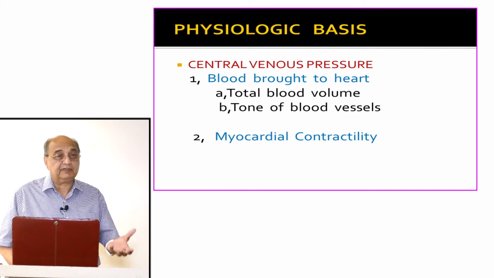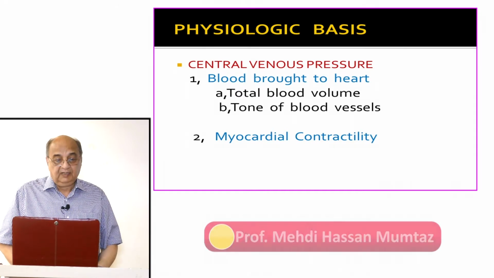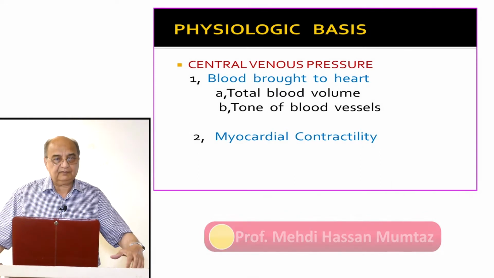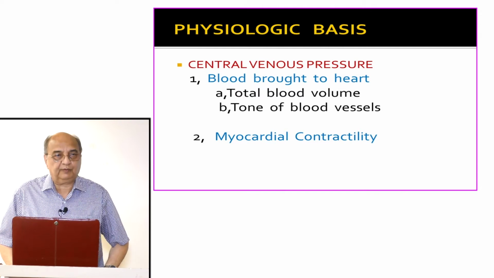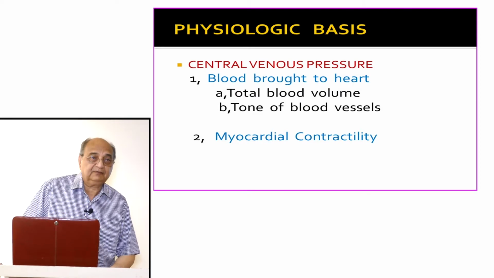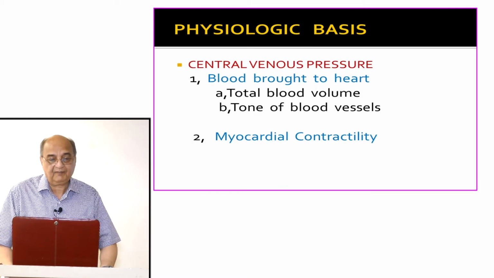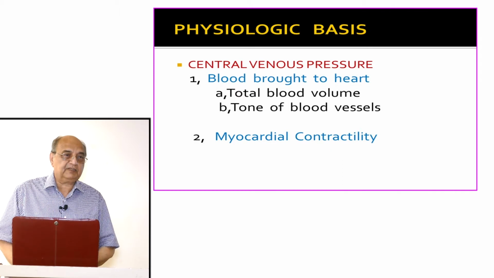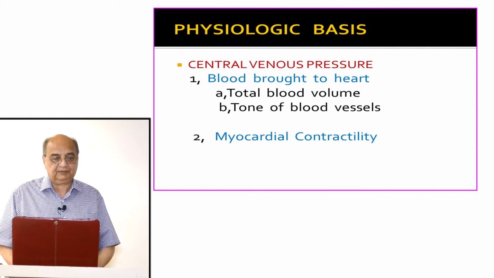It means it will increase the preload. Now, if the vessels are dilated, the blood will accumulate over there, and there will be less preload and less venous return. That will affect the central venous pressure. And it also depends on the total blood volume. If the patient is already hypovolemic, absolute hypovolemia, that will also affect the central venous pressure.